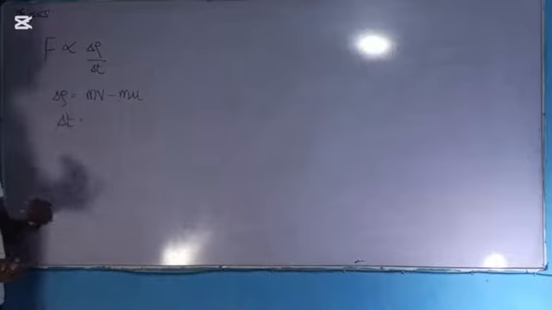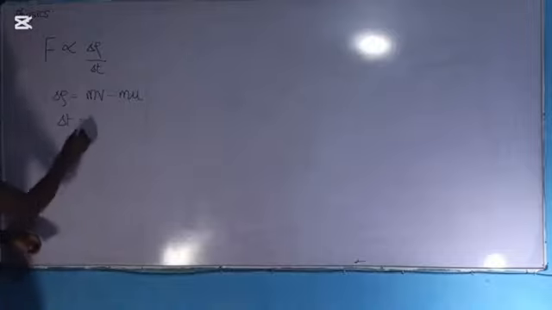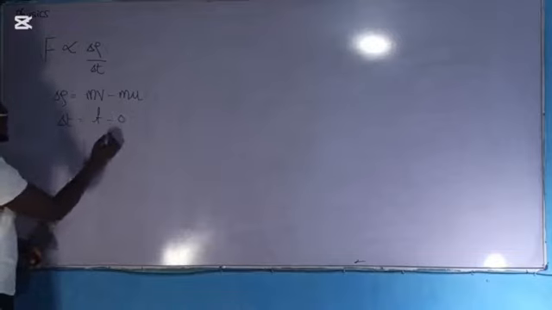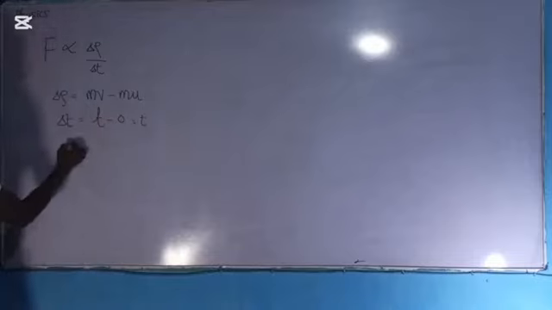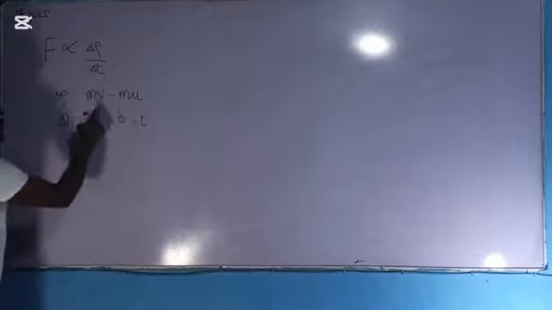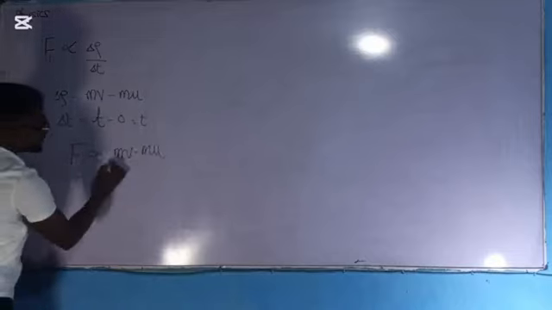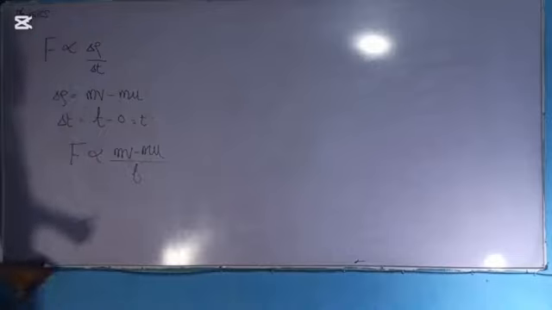Then again, we have the change in time. When the time goes from 0 to that time t, the change in time becomes t minus 0, which gives t. So the applied force is directly proportional to the change in momentum, mv minus mu, all over the change in time, which is t. At this point, the mass is common.